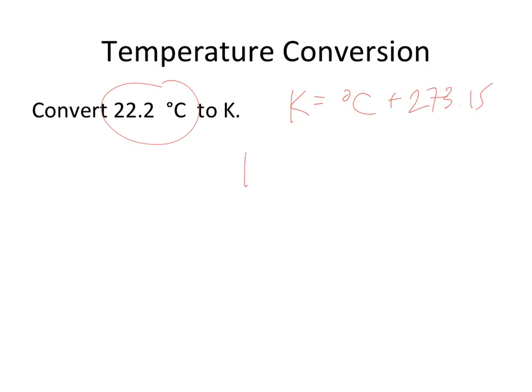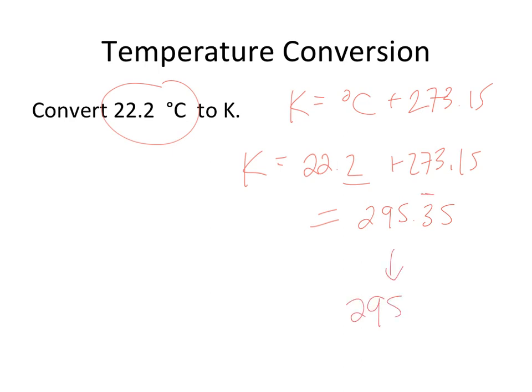So in this case, in order to get my Celsius temperature into Kelvin, I need to take my 22.2 plus 273.15. Plug that into your calculator, and that is going to give you 295.35. Now one place to the right of the decimal is what I have from my Celsius temperature, so one place to the right of the decimal is what you're going to have here.